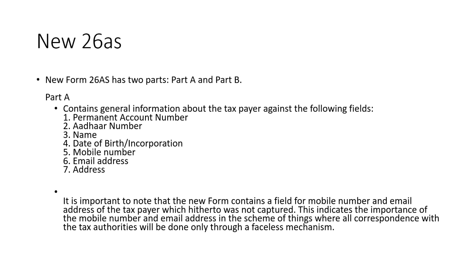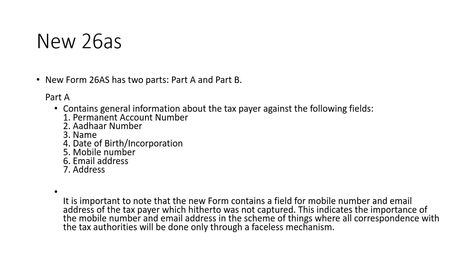The 26 AS has two parts, Part A and Part B. Part A contains the basic information of the taxpayer: permanent account number, Aadhaar number, name, date of birth, ID. Before these changes, date of birth was not at all disclosed in 26 AS.